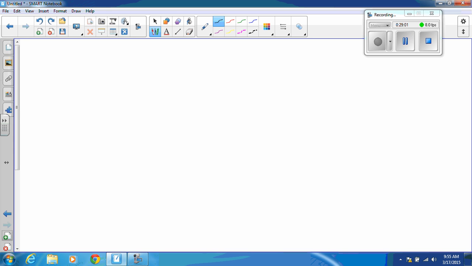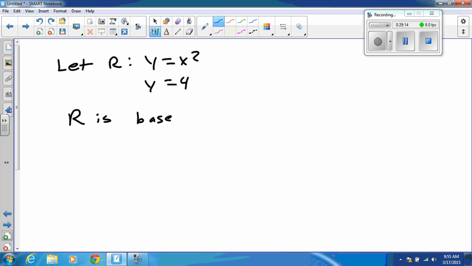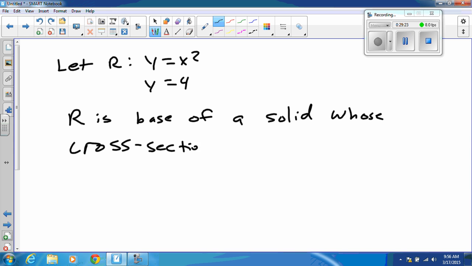Okay, so let's see if you guys can handle this one. Let R be defined by y equals x squared and y equals 4, and R is the base of a solid whose cross sections perpendicular to the y-axis are semicircles.